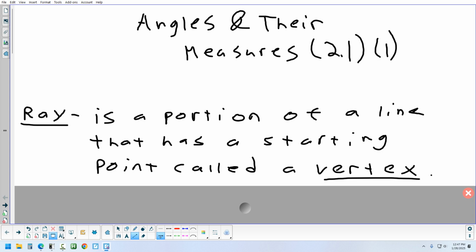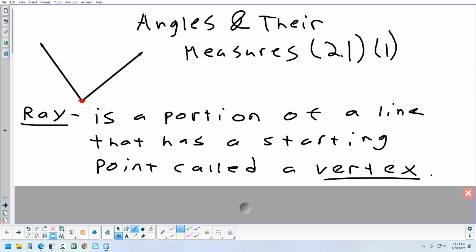If you have a ray like this and another ray like that, that's how you can create an angle. The key is that when you draw the two rays, they have to start at the same point, and that point is called the vertex. So that's the definition of an angle. It's two rays coming from the same point.